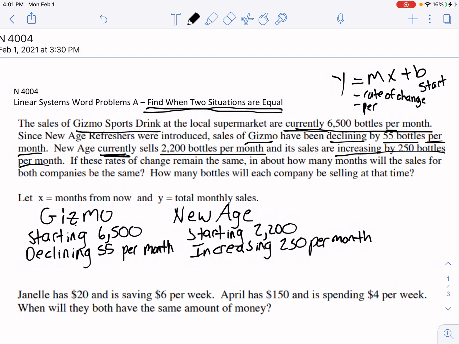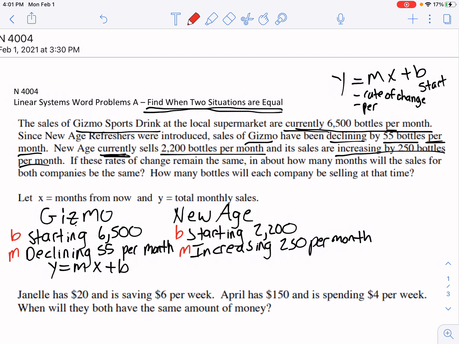So what we need to do is label, if we're writing this in terms of y equals mx plus b, we can define our b and our m. If we start with something, this is going to be our b, and if we're declining by 55 per month, that's going to be our m. And same thing here, we're starting with 2,200 and we're increasing 250 per month.